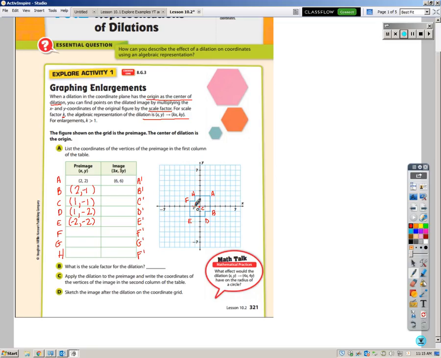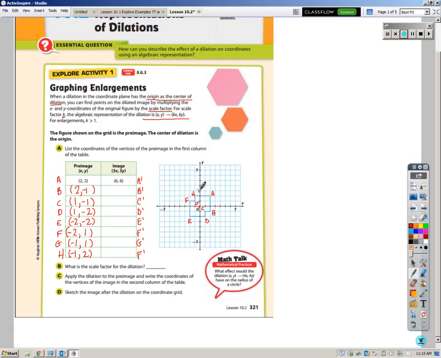F, which is negative 2 and 1. G, negative 1 and 1. And H, which is negative 1 and 2. Okay, so those are my preimage coordinates.